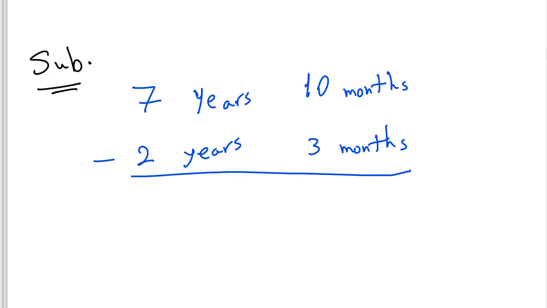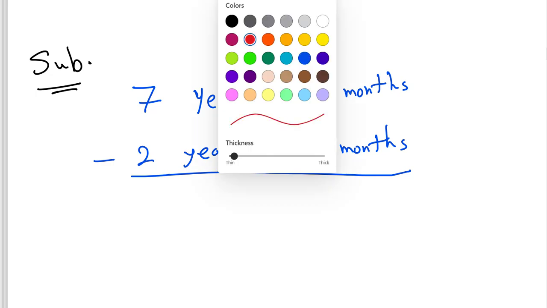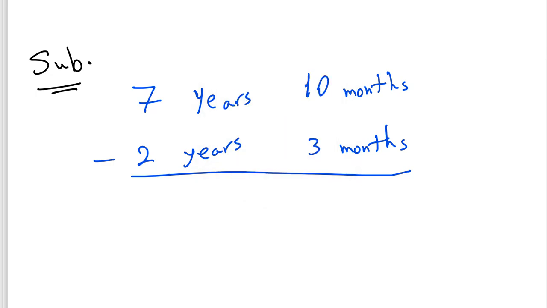So simply to answer this question, we will subtract 10 minus 3 equals 7 months. And 7 minus 2 equals 5 years. And that's it. Very easy.